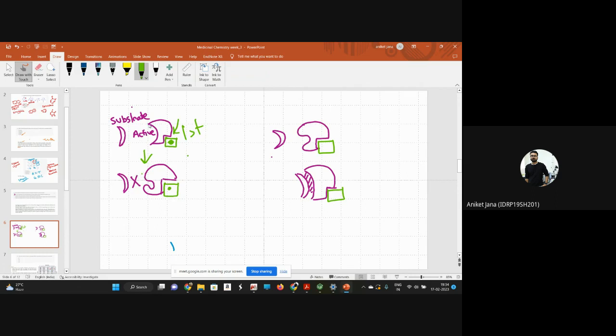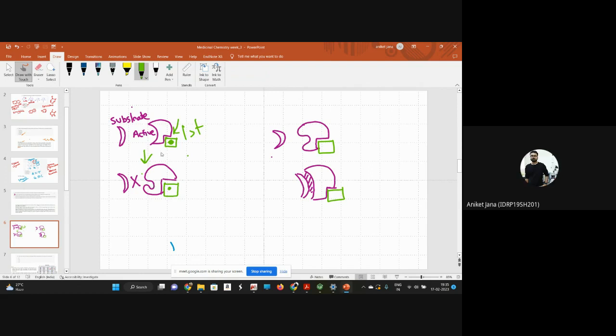Can you follow this? Here the shape was like this one, and here it becomes curved. So here the substrate could easily fit into this active site of the enzyme, but here the substrate could not bind to the enzyme, right? Yes, sir.